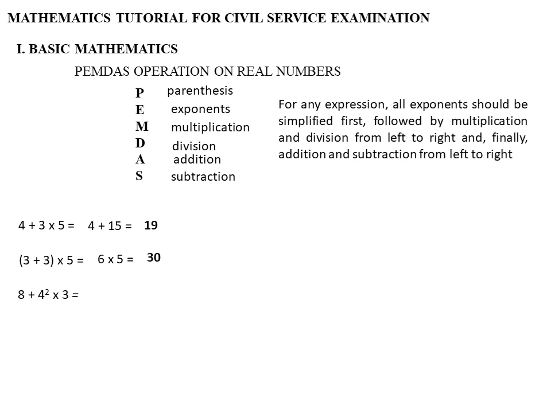Okay, other example: 8 plus 4 squared times 3. So what do we need to eliminate first? We don't have parentheses, but we have the exponent. So we need to eliminate first the exponent. 4 squared is equal to 16, since 4 times 4.